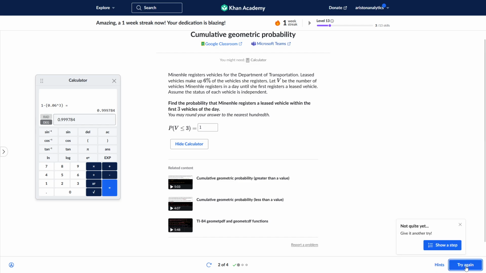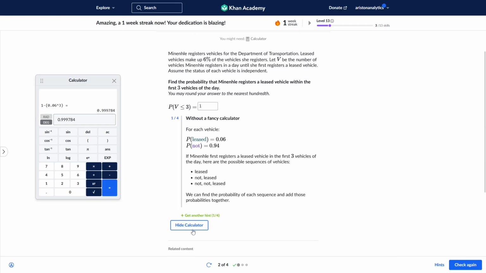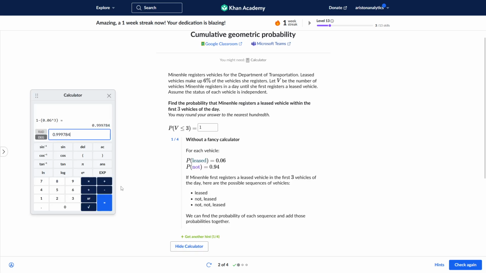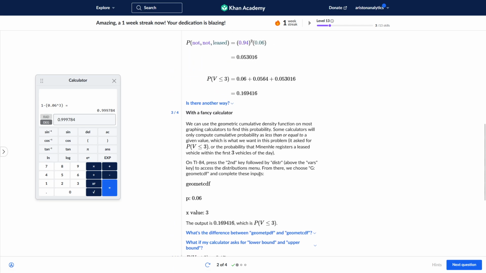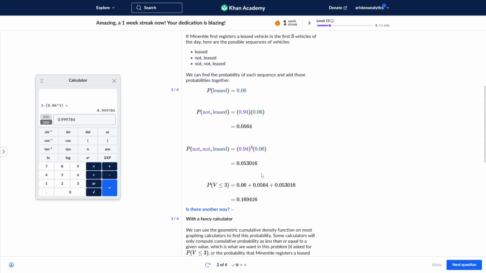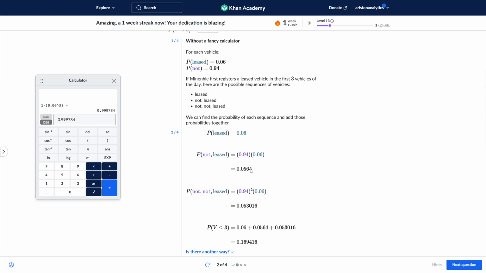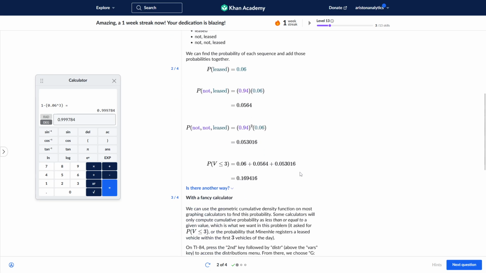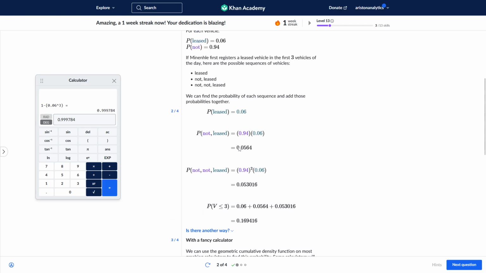Show a step. What did I do? 0.06. Least, not least. That's what I did. Do all the hints. Least, not least, not least.